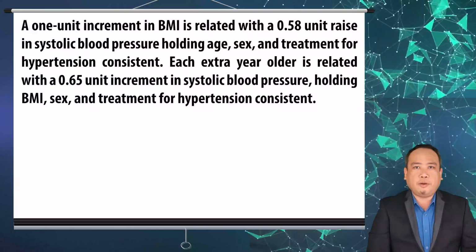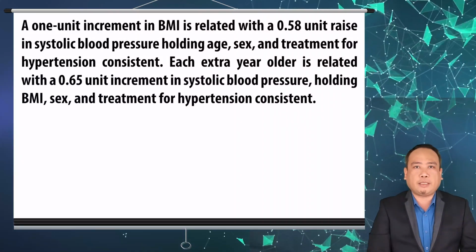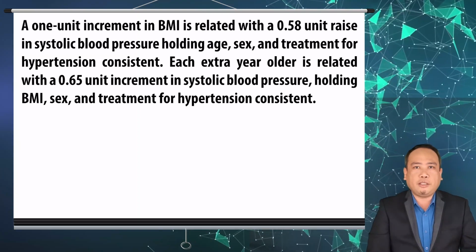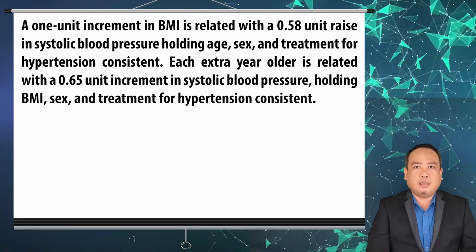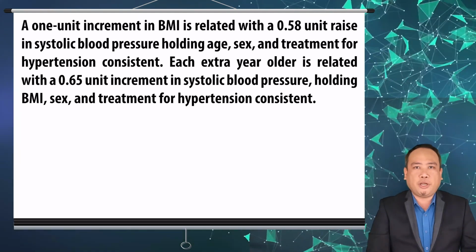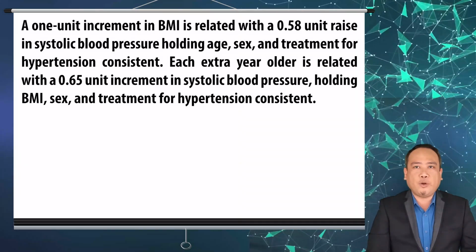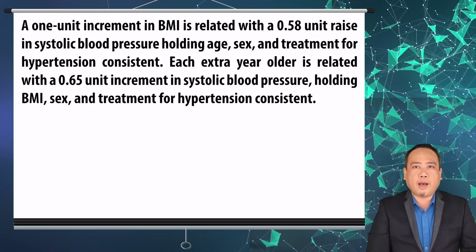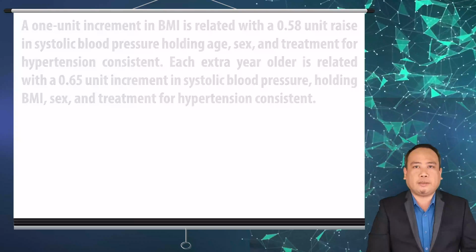A 1-unit increment in BMI is related with a 0.58 unit rise in systolic blood pressure, holding age, sex, and treatment for hypertension constant. Each extra year older is related with a 0.65 unit increment in systolic blood pressure, holding BMI, sex, and treatment for hypertension constant.